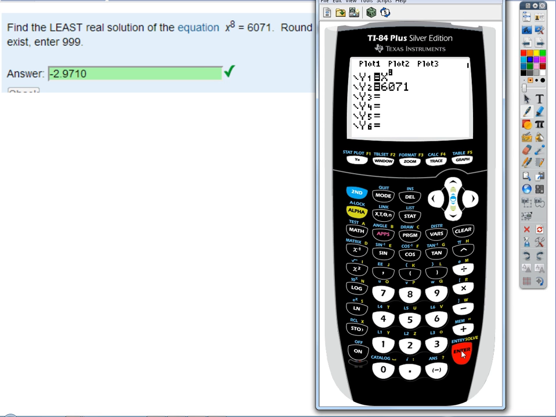And I just want to know when that happens. Now that's a pretty big number, right? My y is going to have to go pretty high, isn't it? So what do I want my window to be, if I want to include that y value, because I want to be able to see that horizontal line? 6,100. So what if I went from 0 to 7,000?